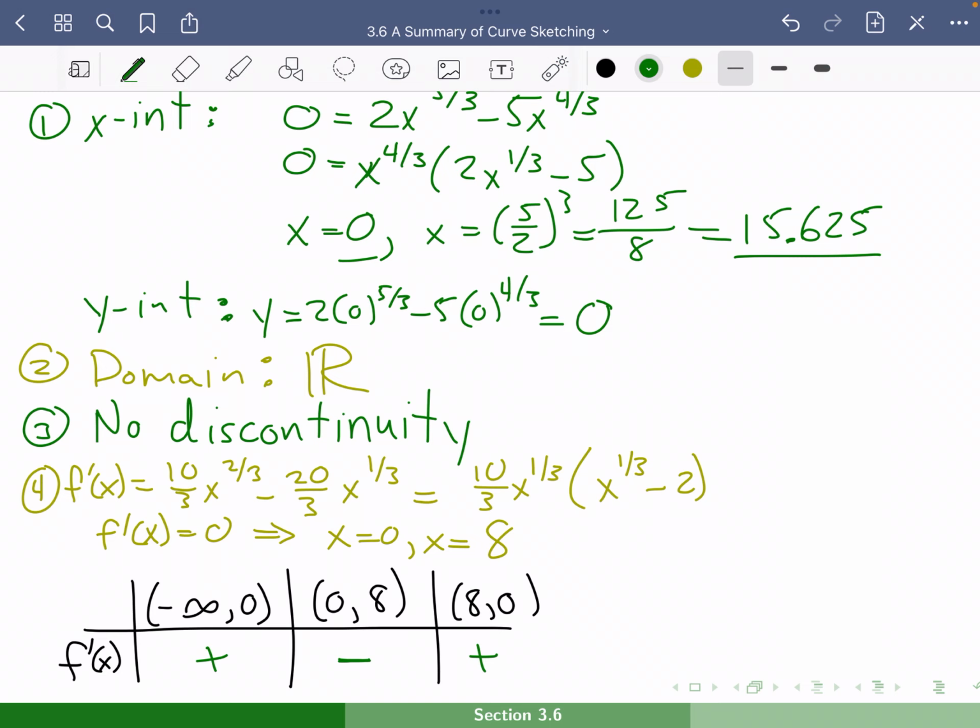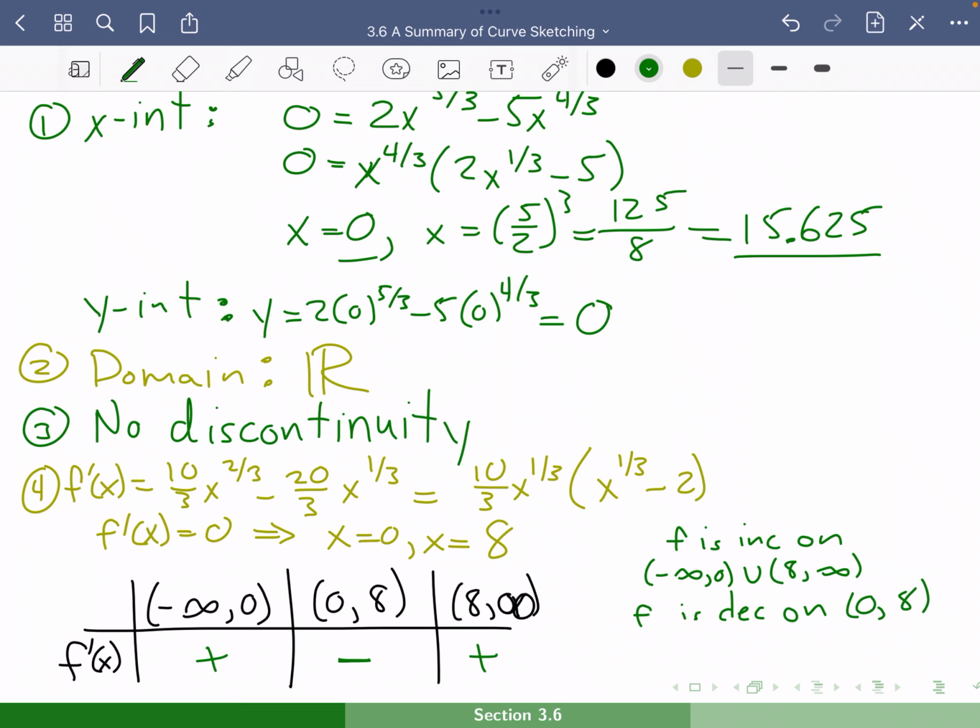And so, what does this tell us about our function? Well, f is increasing on the interval from negative infinity to 0, along with 8 to infinity. And f is decreasing on the interval from 0 to 8.